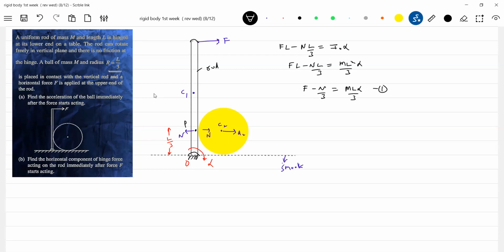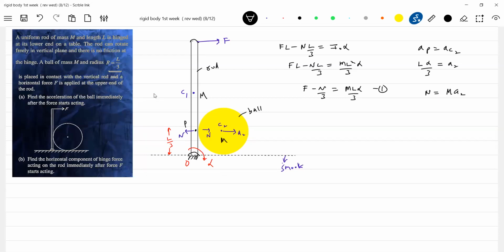Acceleration of point P should be L by 3 alpha. So A2 should be equal to that. Force that is acting on the ball is equal to mass of the ball times acceleration. Both have the same mass. So for the ball, this is the condition.